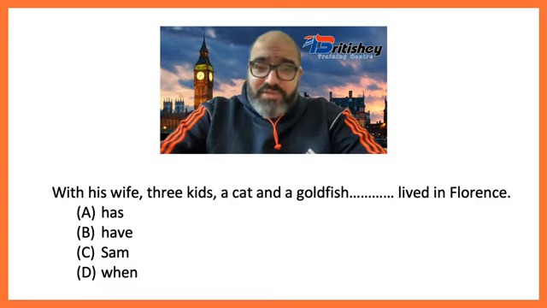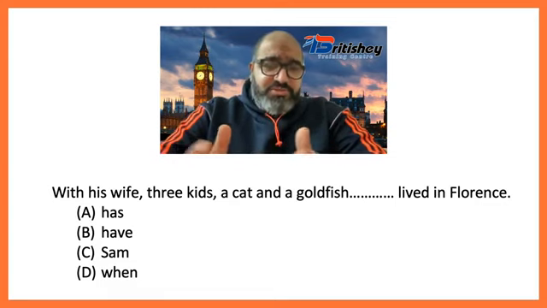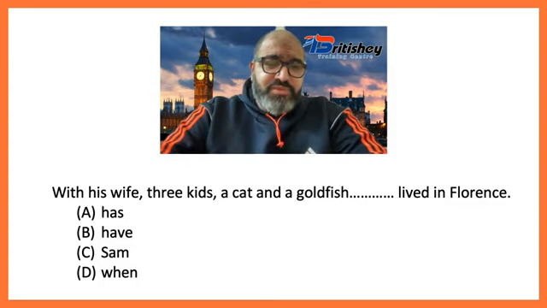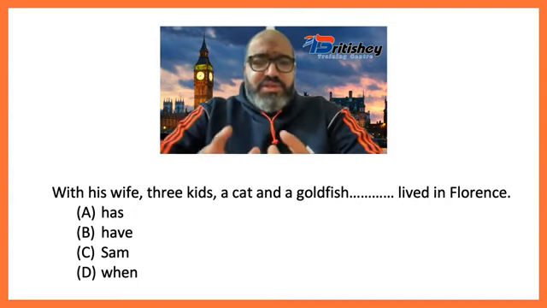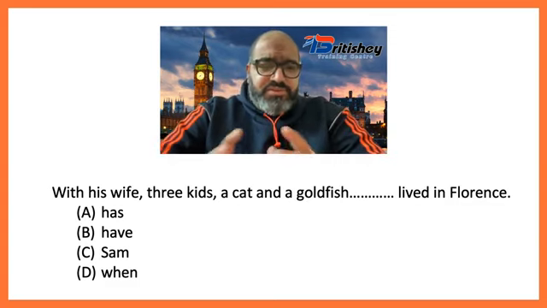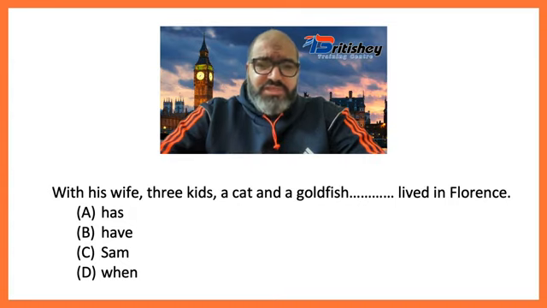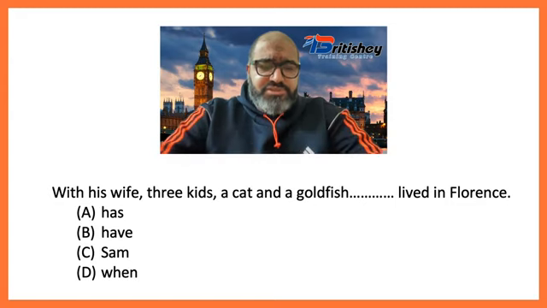We've got here question number one, and as you see, it's an MCQ, a multiple choice question. With his wife, 3 kids, a cat, and a goldfish lived in Florence. Now we need to analyze this sentence. Now we have with, and we know that with is a preposition.